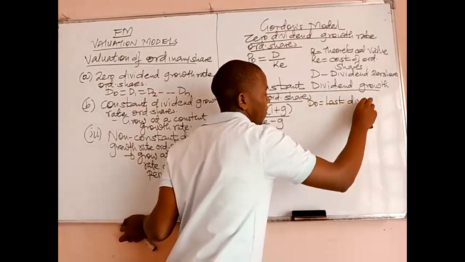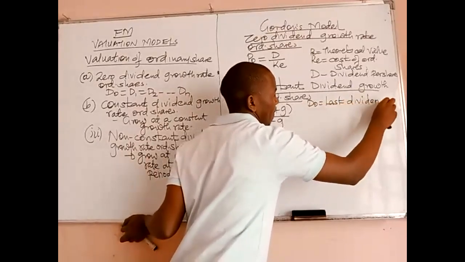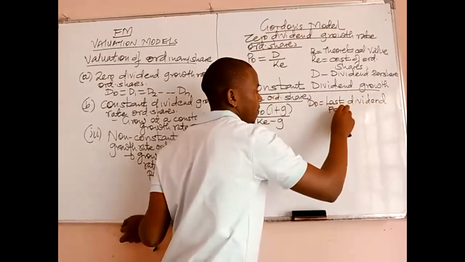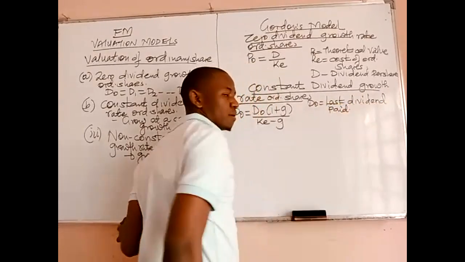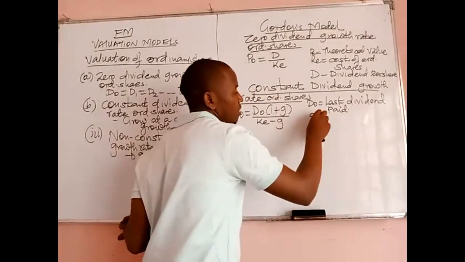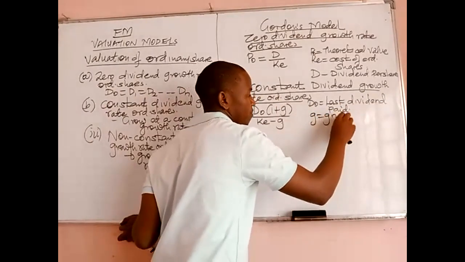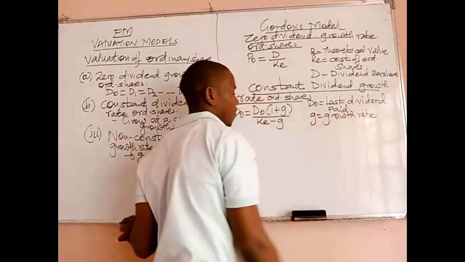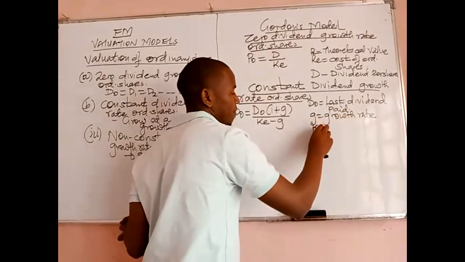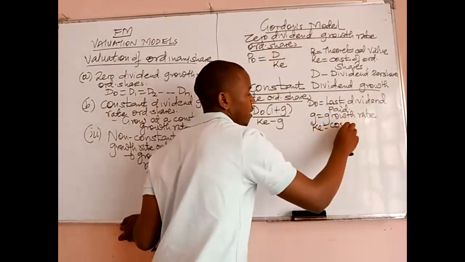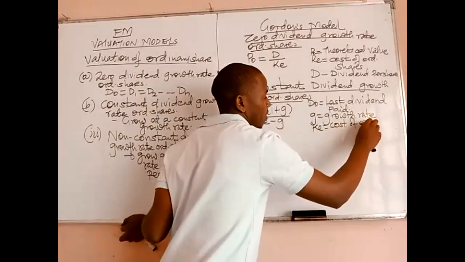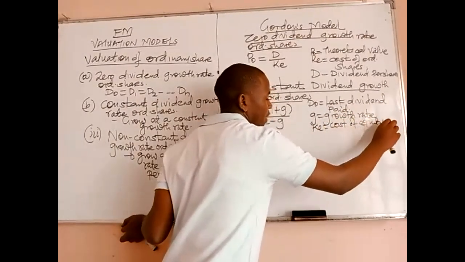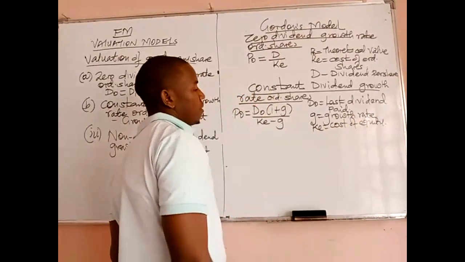Sorry, g is the growth rate. KE is the cost of ordinary shares, the cost of equity, or the required return on equity.